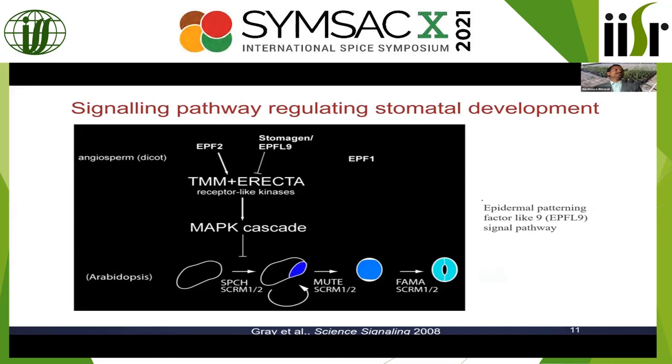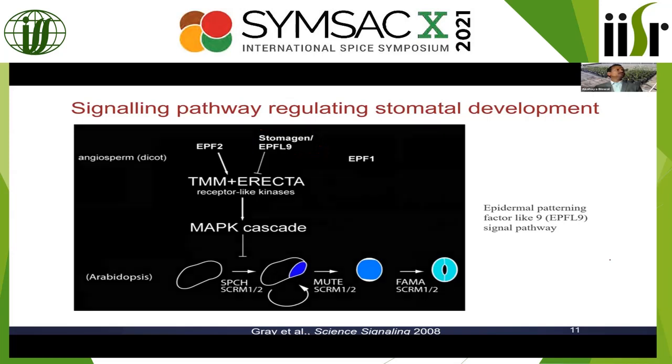So we targeted a signaling peptide gene called epidermal patterning factor like 9, or EPFL9. This signaling peptide is also called stomagen. It acts on a series of genes to finally develop the stomata or guard cells.